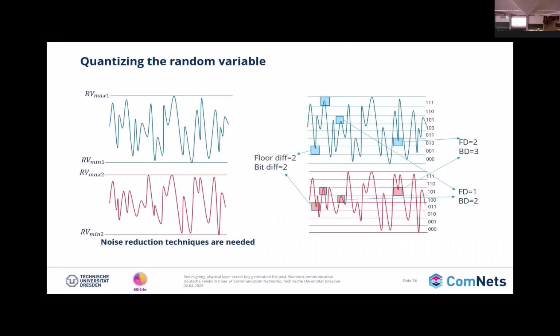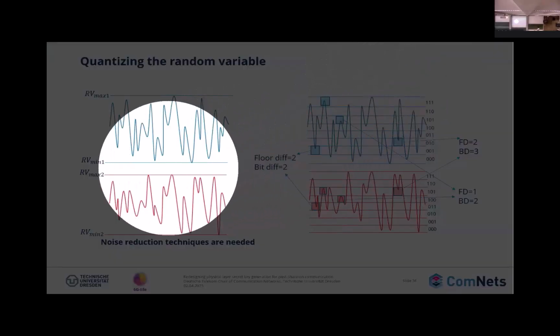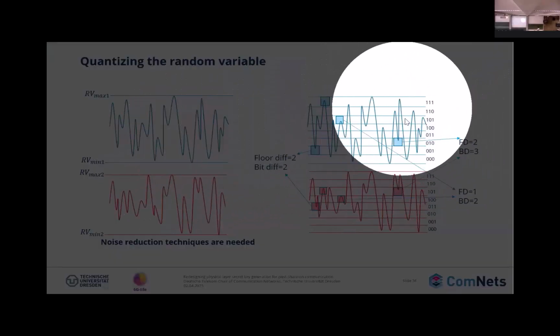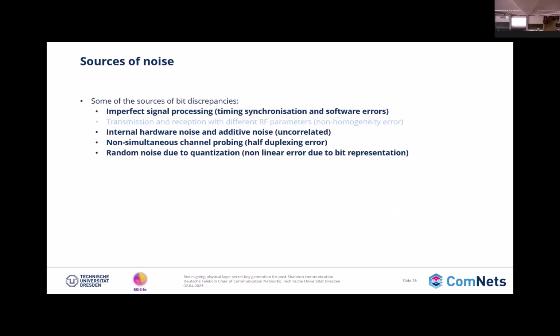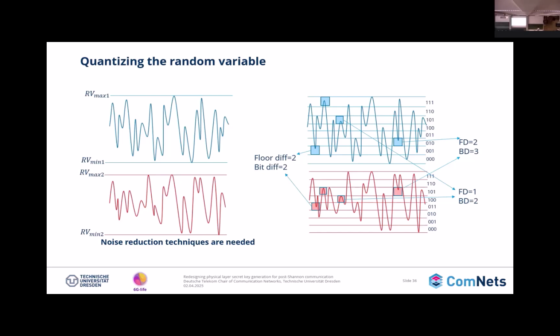If the mapped random variable lies in the same floor, then you get the same bits. Because of the errors that I already described earlier, the random variable won't be mapped to the same floors, and because of that you get bit errors. And because of the existence of the floor difference, you always end up with the bit difference.